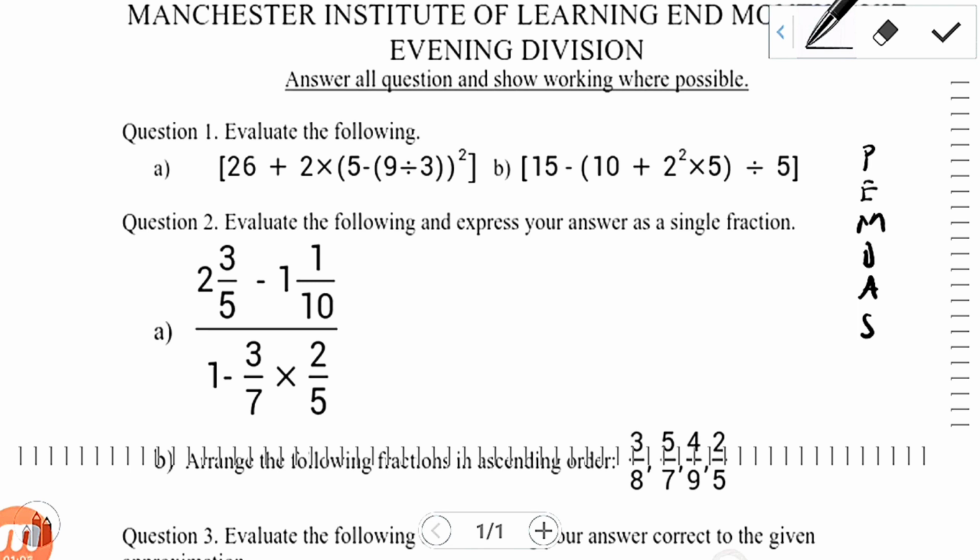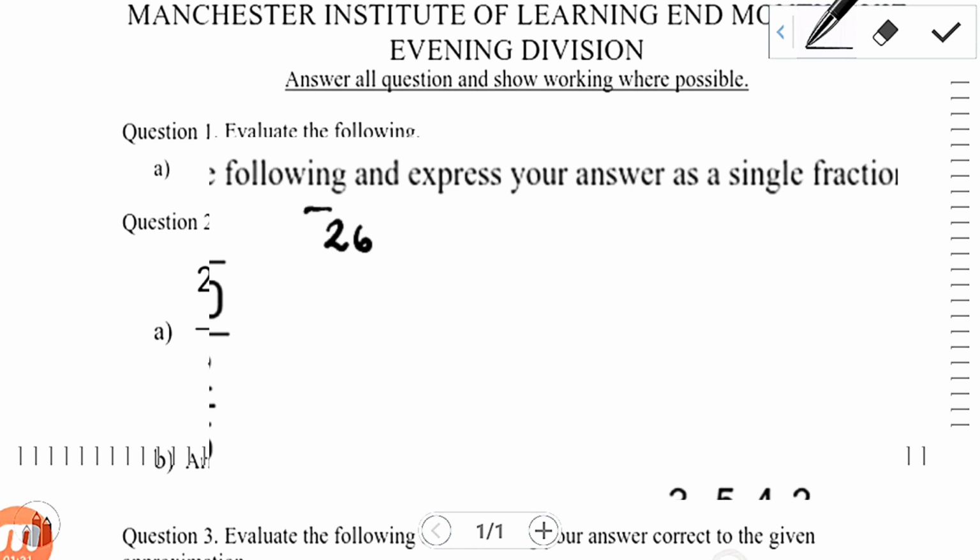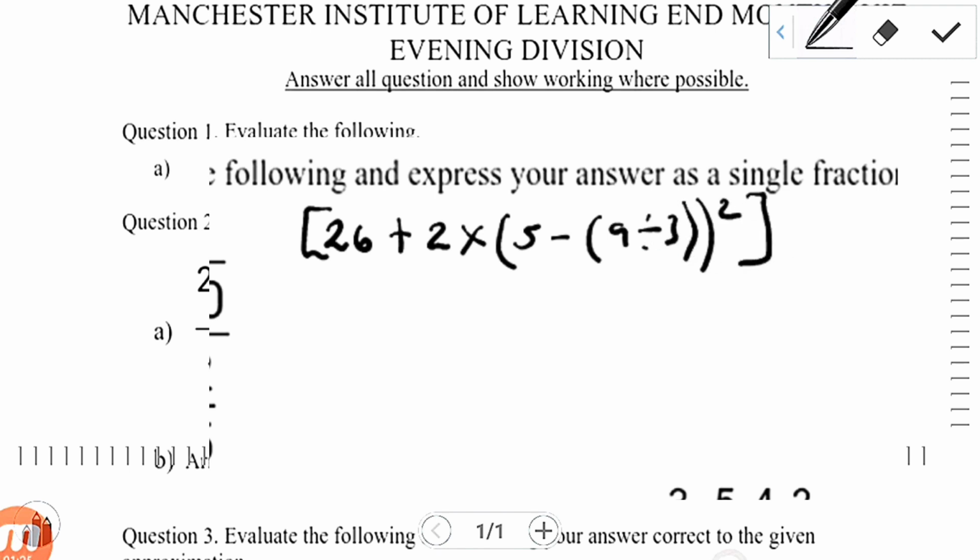A link will be in the description box below that can take you to a video that explains the application of PEMDAS as a tutorial session in its own. But for this particular question here, what we have is 26 in square bracket plus 2 multiplied by open bracket 5 take away open bracket 9 divided by 3 close bracket squared close bracket.